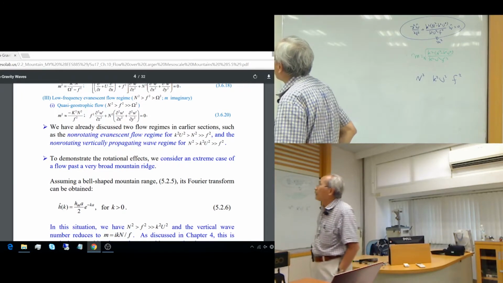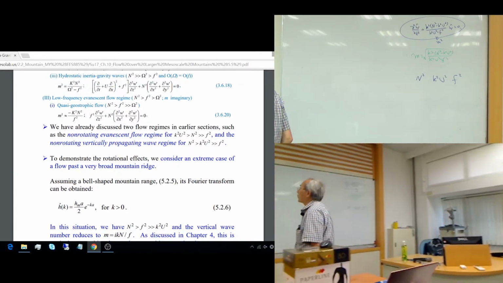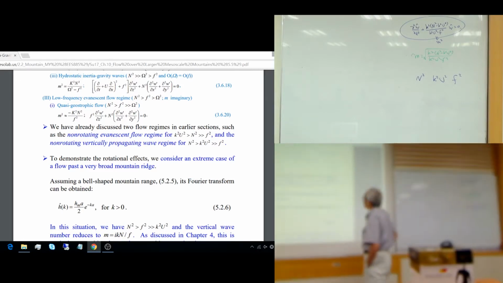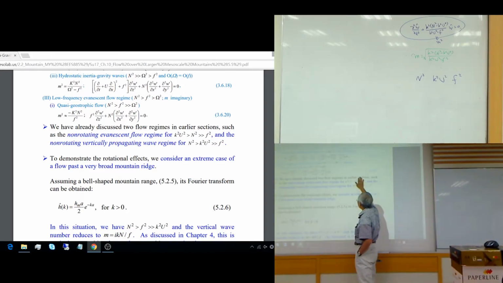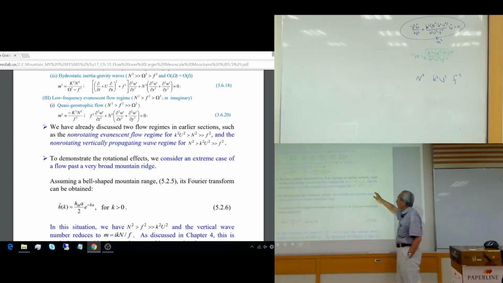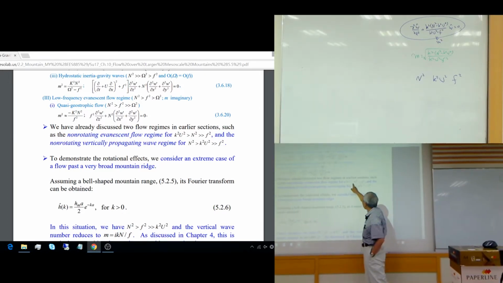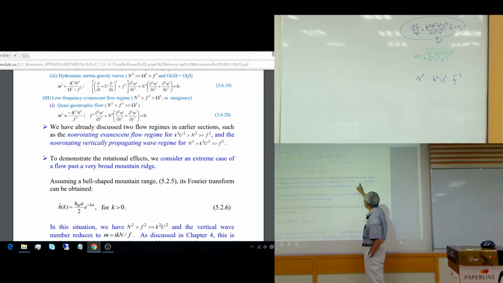So we already discussed two flow regimes in earlier sections. That is this one, and then this is that one. And then in chapter 4, we talked about the non-rotating evanescent flow regime of k squared u squared greater than n squared, much greater than f squared, and n squared greater than k squared u squared, much greater than f squared.